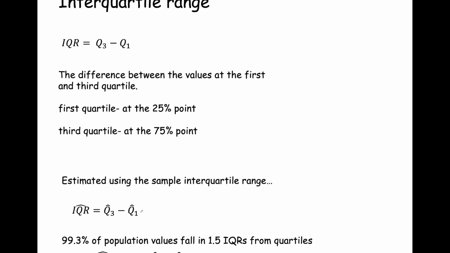Okay. It just so happens that 99.3% of the population of values that you observe fall within 1.5 IQRs of the quartiles. That means they are not to the left of Q1, smaller than the first quartile, or to the right of Q3, larger than the third quartile.